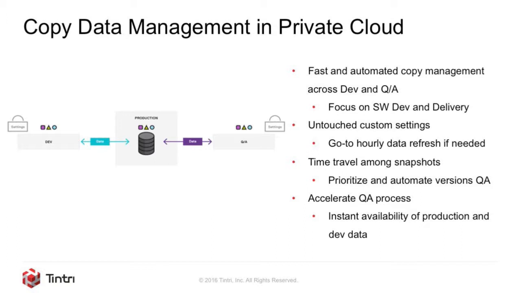It has helped the QA organizations automate and prioritize what versions they are running, because if multiple revisions of your app are going out and people are using different custom settings, you can prioritize which one to automate for the QA process. And the last big one is that it has helped people with continuous integration and testing.